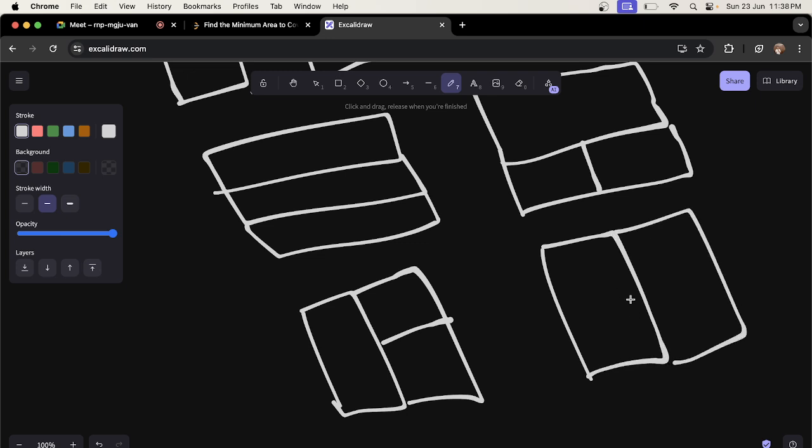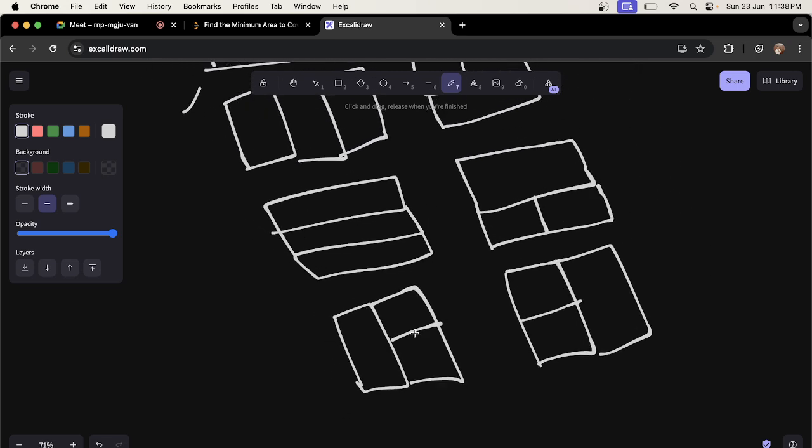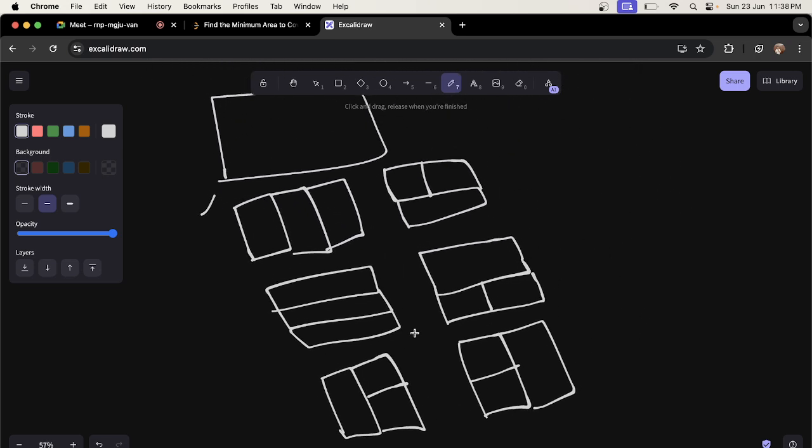Okay, so these are the 6 possible cases of dividing a big rectangle into 3 pieces. Okay, this everyone has understood? Yeah.